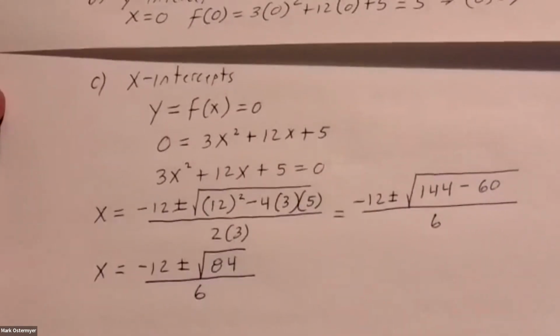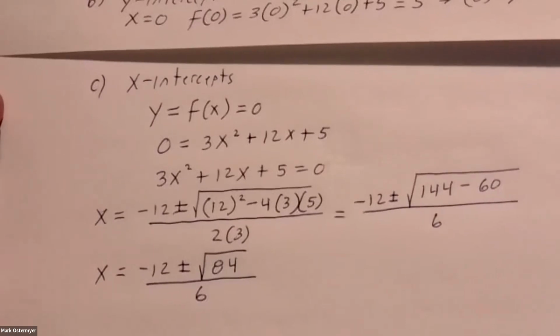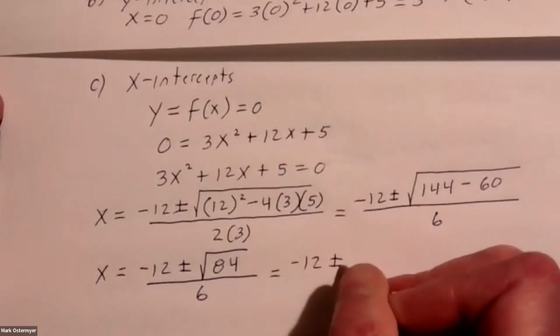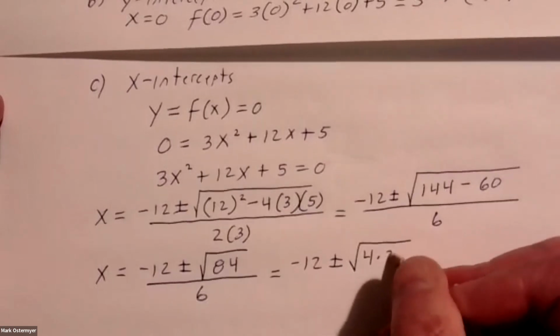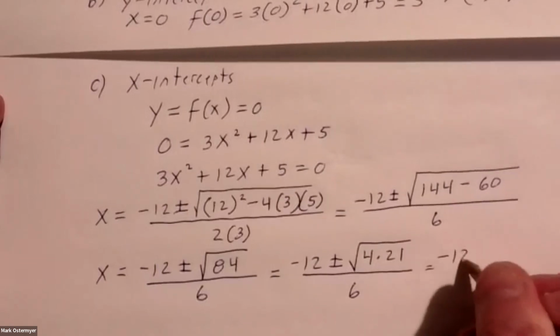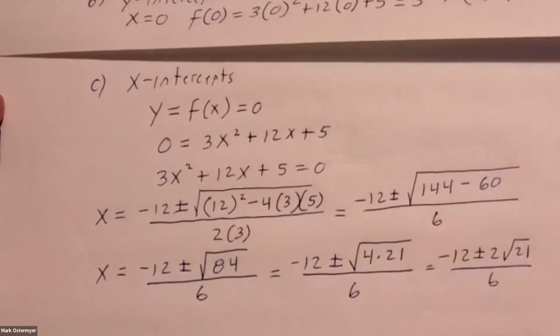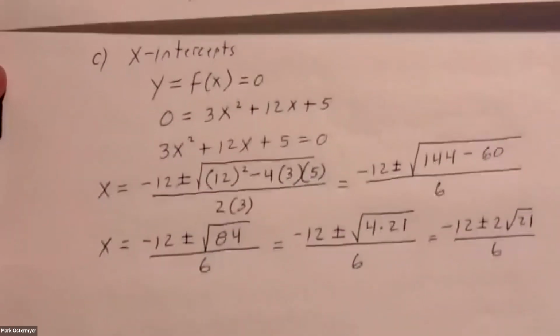All right, so our x-intercepts are messy. That's kind of obvious. Can we maybe simplify the square root of 84? Well, 84 simplifies down into 4 times 21, and the 4, when you take its square root, comes out as a 2. So we've got -12 plus or minus 2 times the square root of 21, all over 6. And these are your messy x-intercepts.